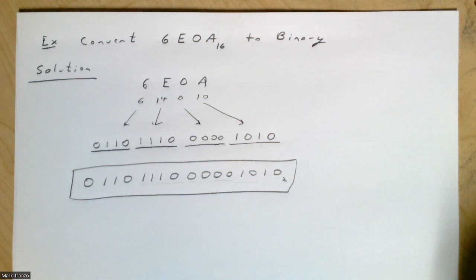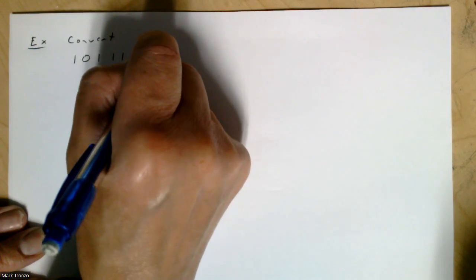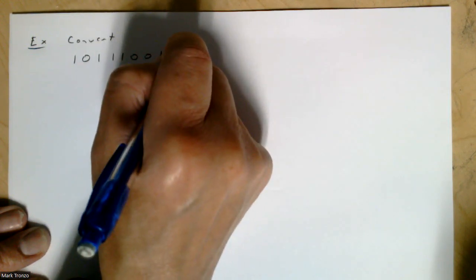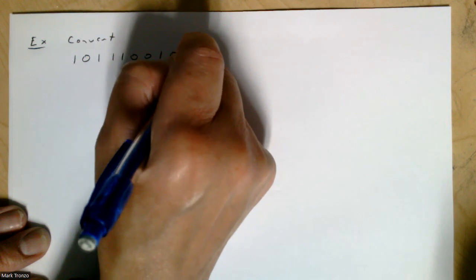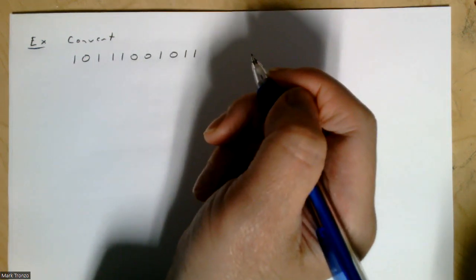Not surprisingly, going the other direction is pretty much just the reverse. Let me just pick 1, 0, 1, 1, 1, 0, 0, 1, 0, 1, like this.